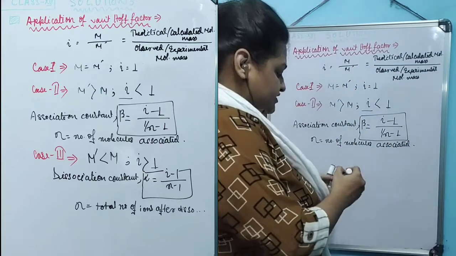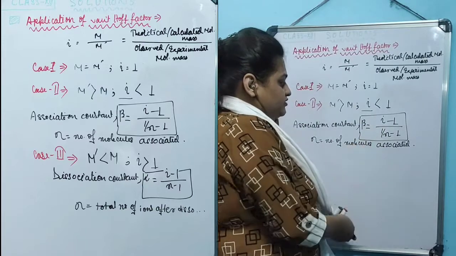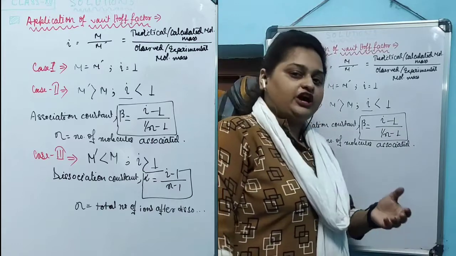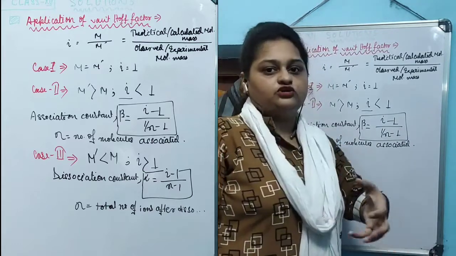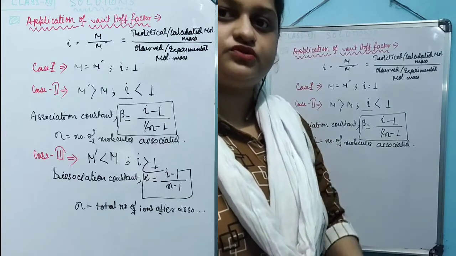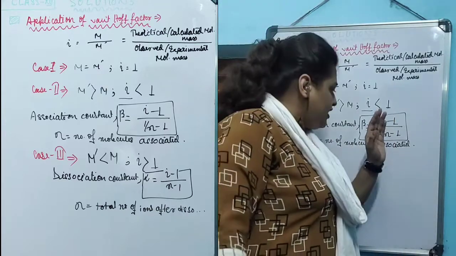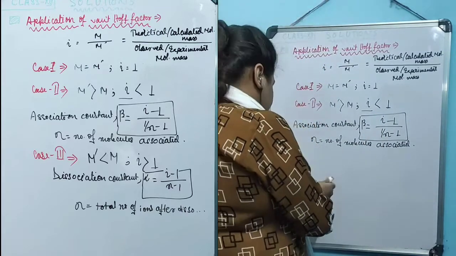We can calculate this i by observing the number of molecules that have associated after the mixing. And if we know the association constant for this association reaction, then we can find out the colligative property by applying this particular expression.